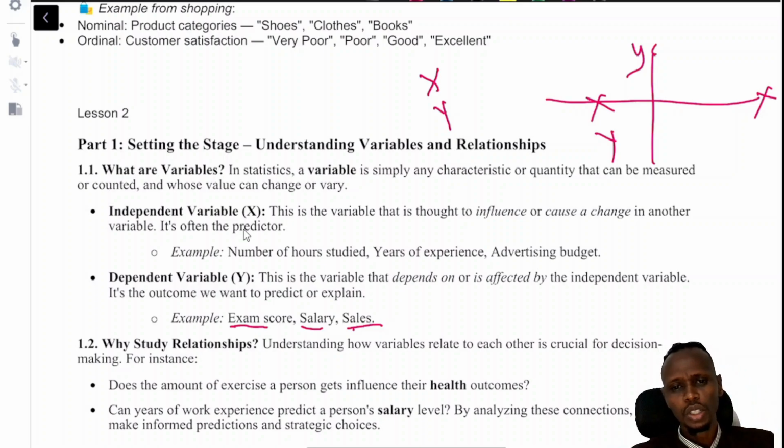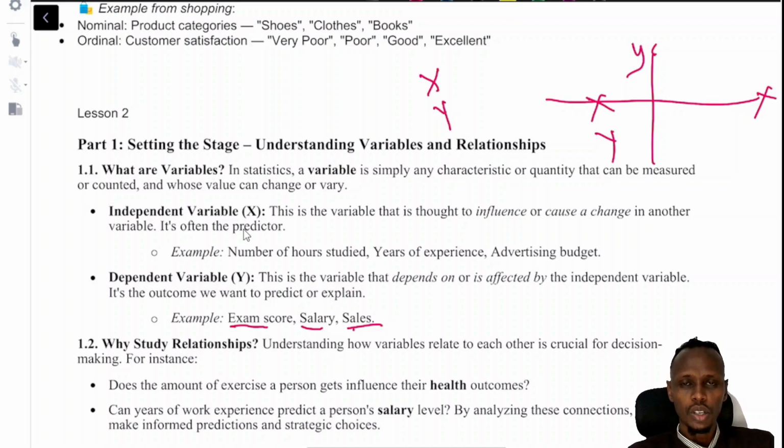When we talk about the independent variable, this is the variable that is thought to influence or cause a change in another variable. So it is an influencer, a predictor that is independent.